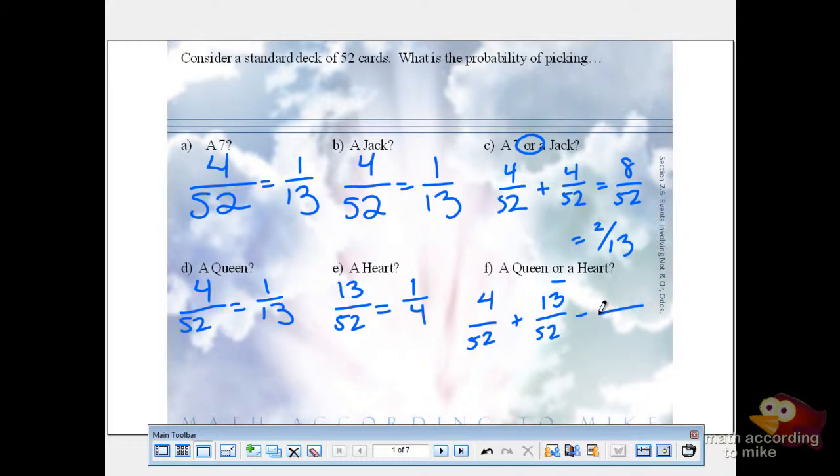How many queen of hearts are there? 1. So in part C, there is no jack that is also a 7, so we did not have to subtract anything. In part F, there is a card that is both a queen and a heart, so we can't double count it. What is 4 plus 13, then minus 1, over 52? And that reduces down to 4/13.